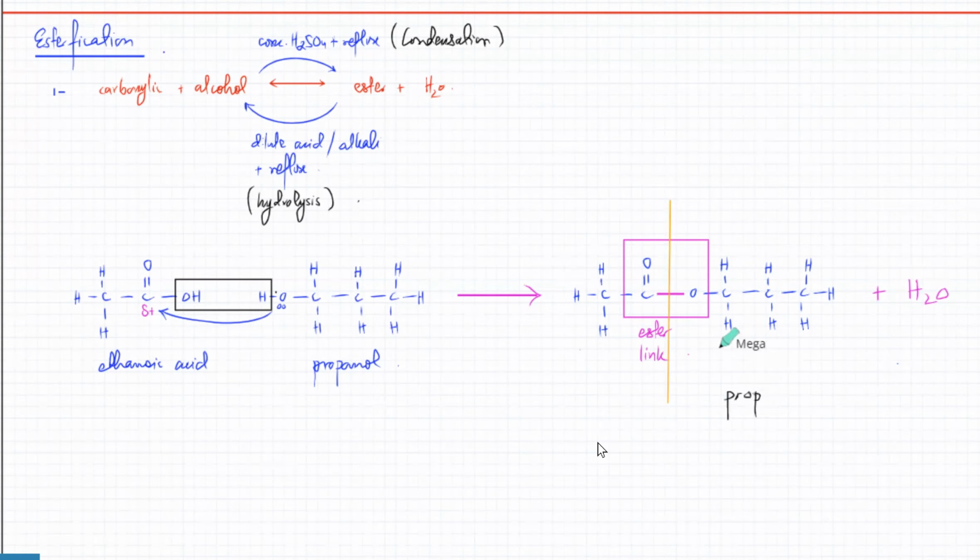The other part has 2 carbon atoms, that's eth. The alcohol side, or the single O side, would have yl at the end, and the double bond O side will have oate at the end. So that's how you're going to name this, and the molecule name would now be called propyl ethanoate.